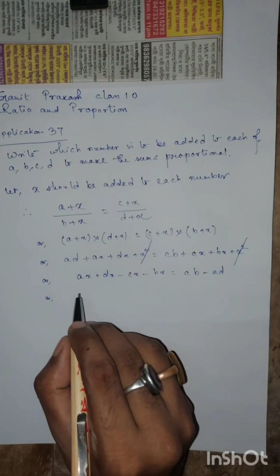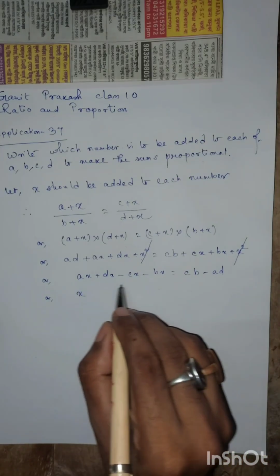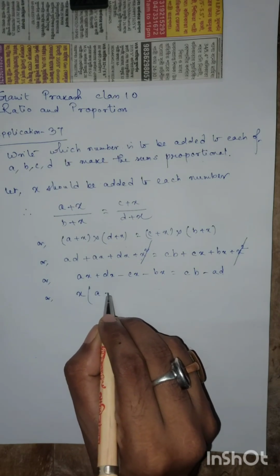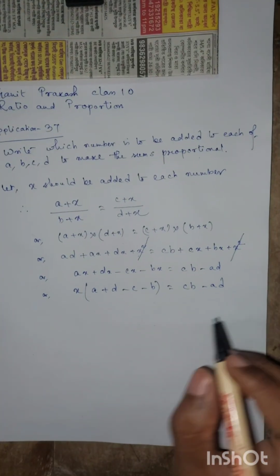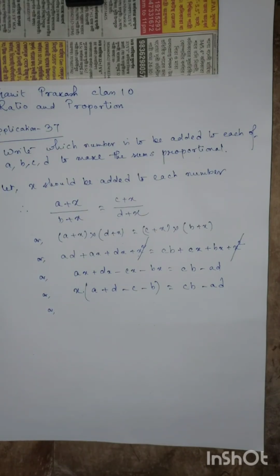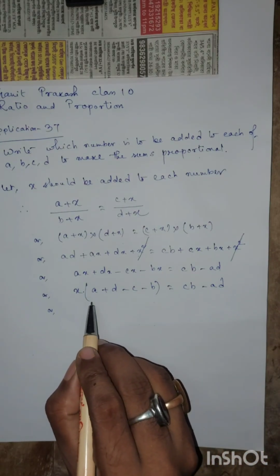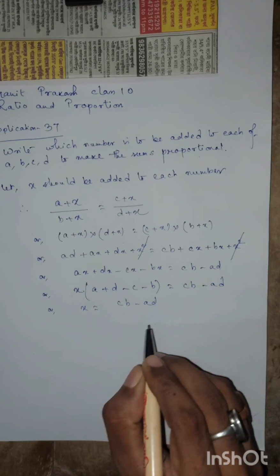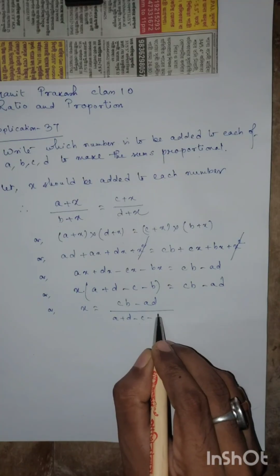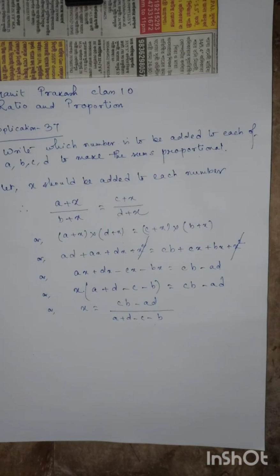Or if we take x common from all of these terms, now if this quantity is transferred to the right side, so this is what we get.